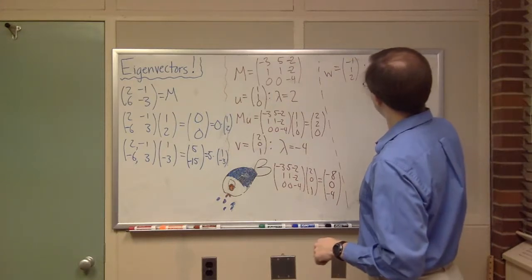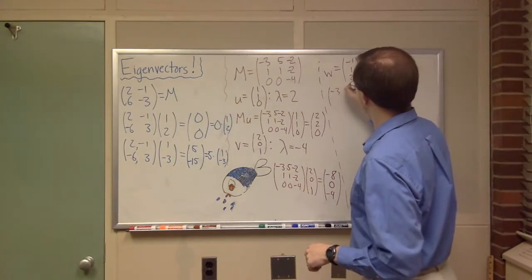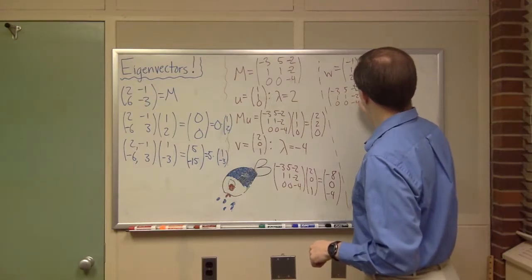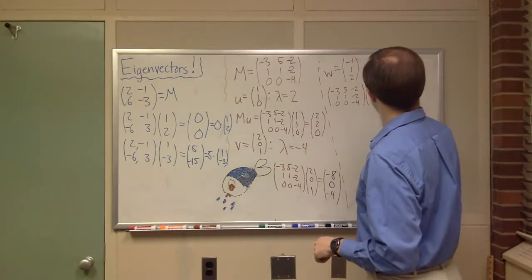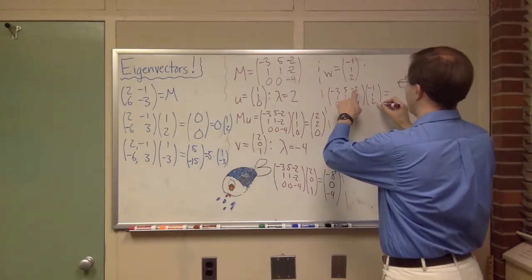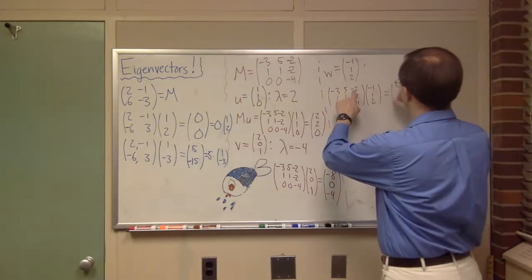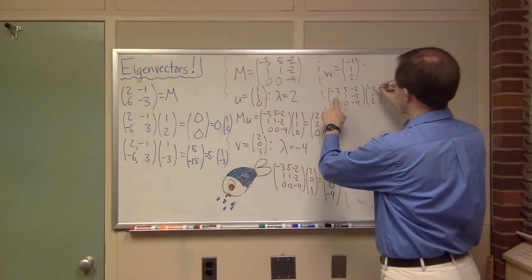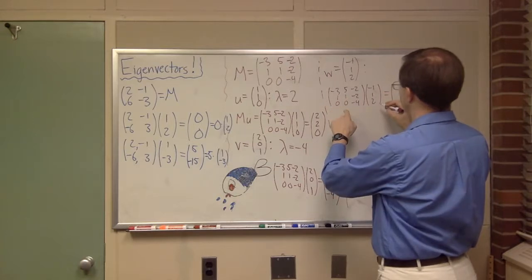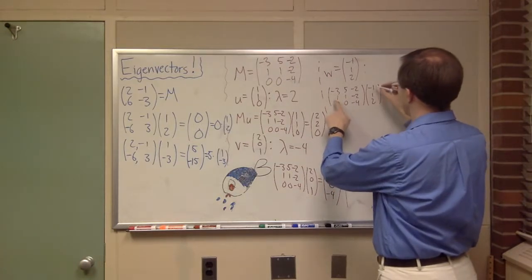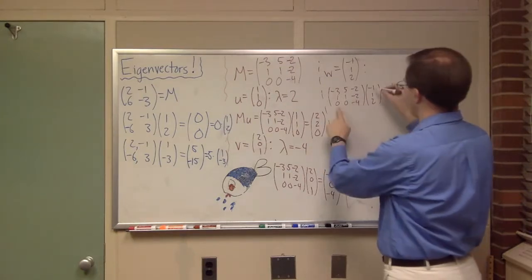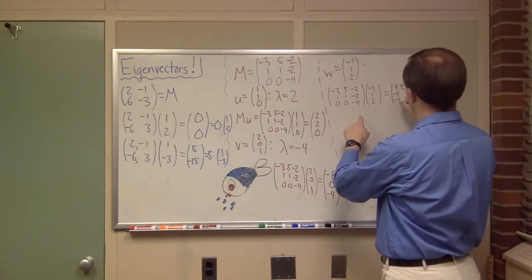Let's check what that one gives me with matrix multiplication. Minus 3, 5, minus 2, 1, 1, minus 2, 0, 0, minus 4, times minus 1, 1, 2 gives me, that's 3 plus 5 is 8, minus 4 is 4, and this is negative 1 plus 1, 0, and 0, 0, minus 8.